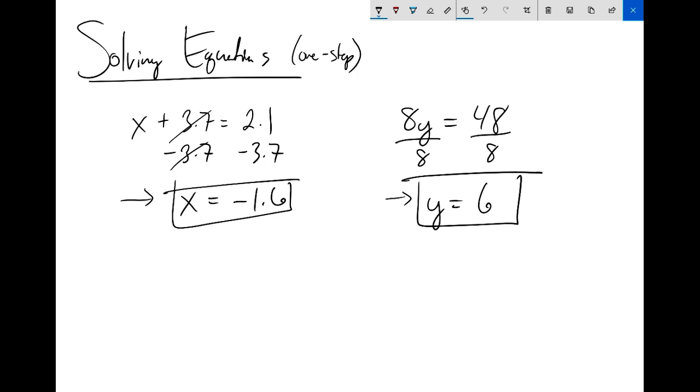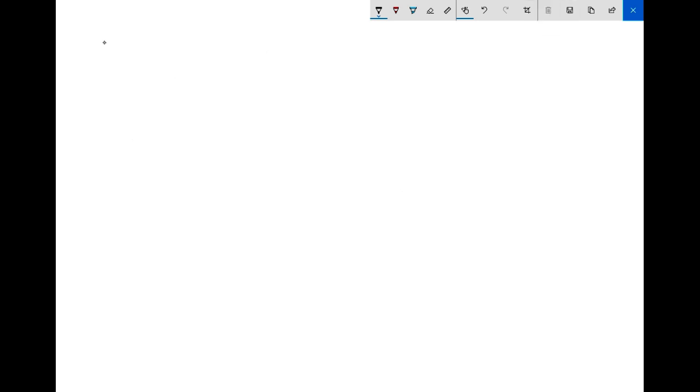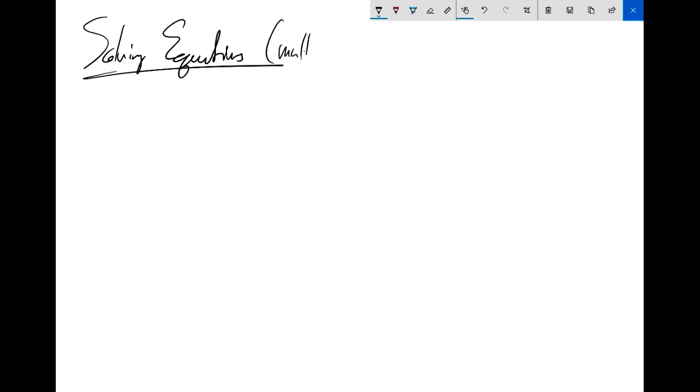Okay. Now, equations can get more complicated, but it's okay. So now we're going to start looking at solving multi-step equations. Okay, so there might be multiple steps you have to take. So let's say that I gave you an equation.